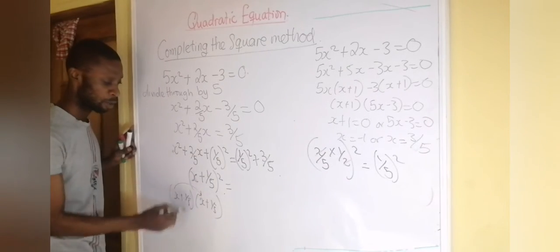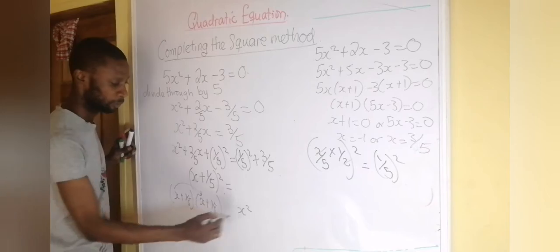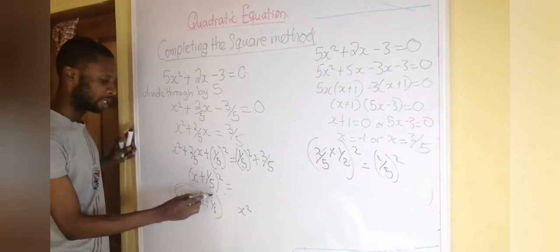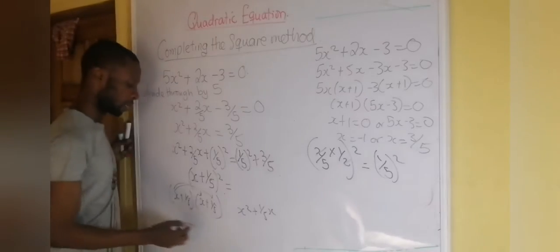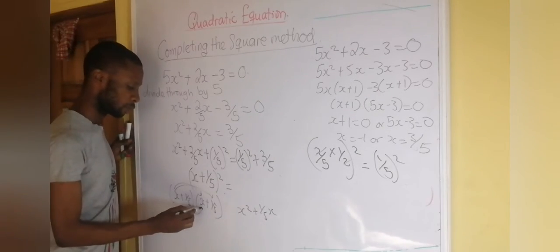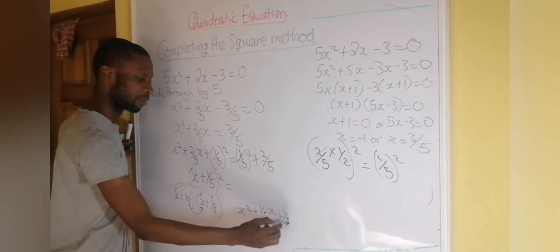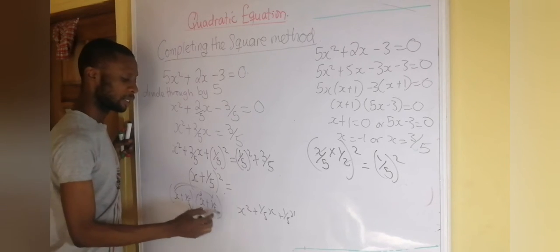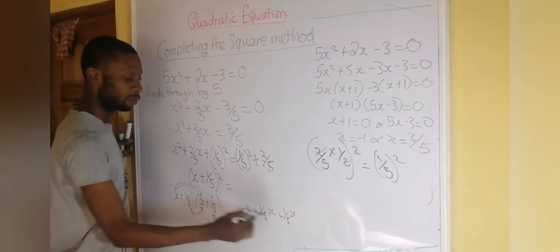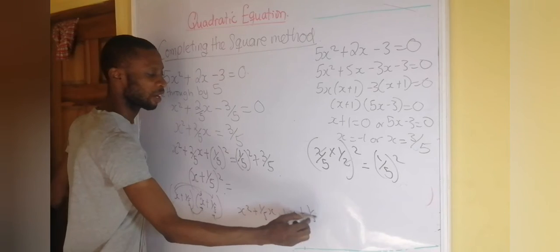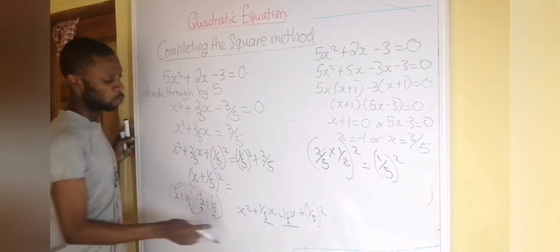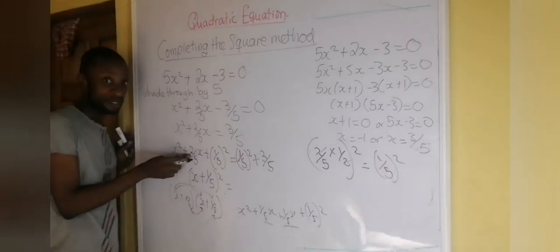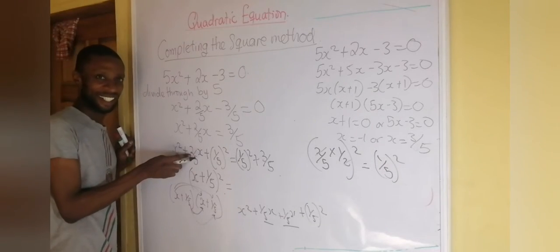This times this, you have x squared. This times this, plus 1 over 5x. This times this, plus 1 over 5x. This times this, plus 1 over 5 all squared. 1 over 5x plus 1 over 5x will give us 2 over 5x.